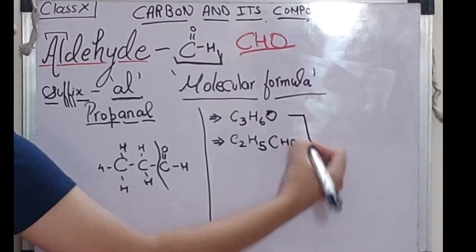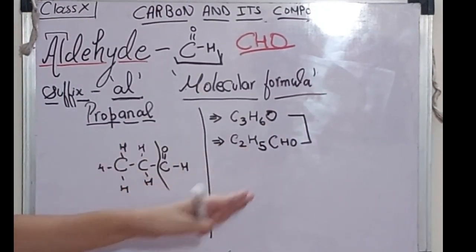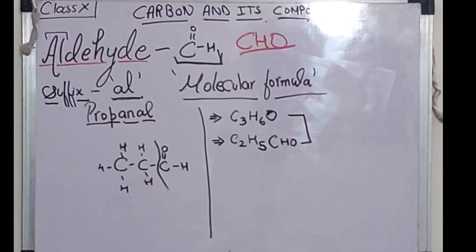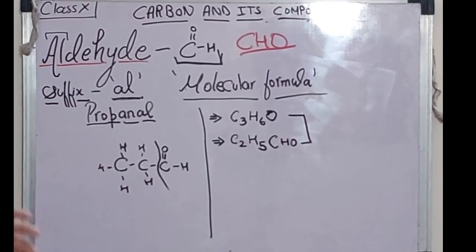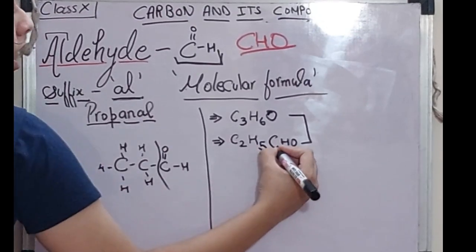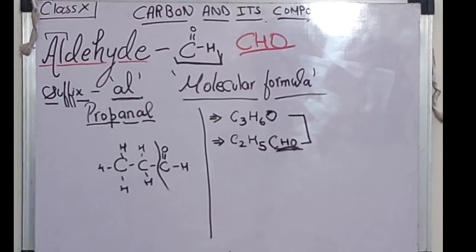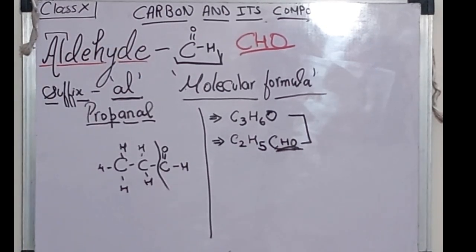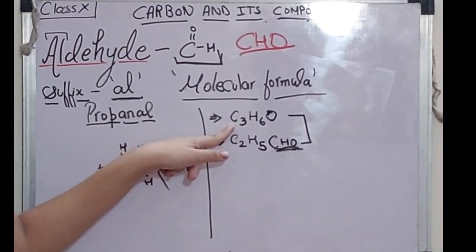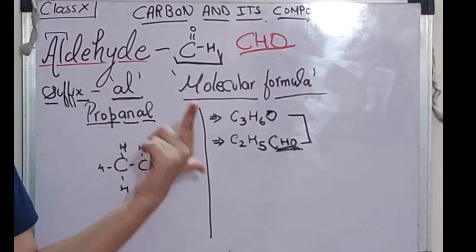So these both are the same thing. Both are depicting this propanal only. Whether I write it like this or like this, it is still propanal. But in this case, this CHO is making it easier to understand that this belongs to the aldehyde group. The other may cause some confusion whether it's from aldehyde or not.